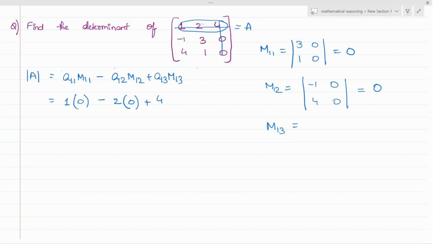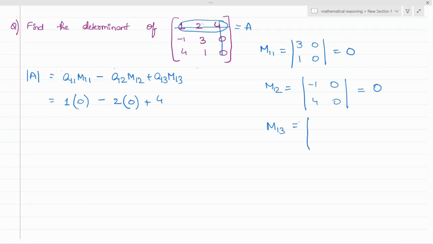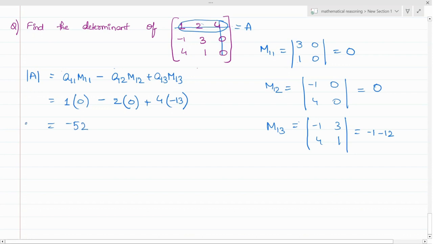Actually, this element is 3. So what are the leftover elements? Minus 1, 3, 4, 1. Just calculate the determinant, that is minus 1 into 1, minus 12. So that is minus 13. So it just becomes 13 fours are minus 52. So this is the answer for this question.